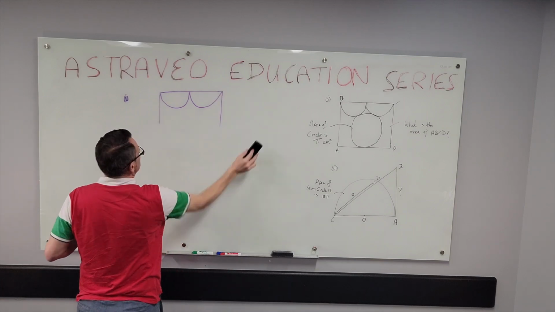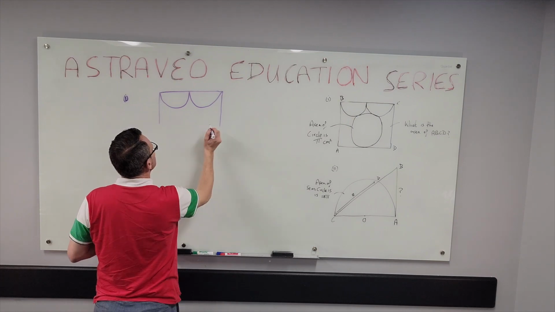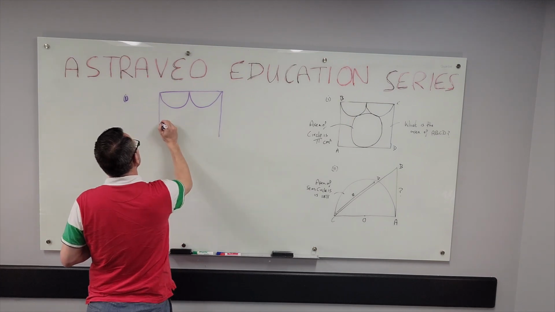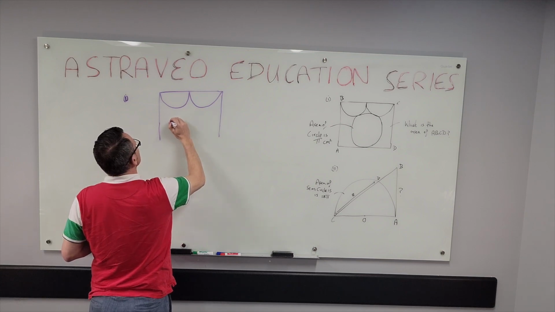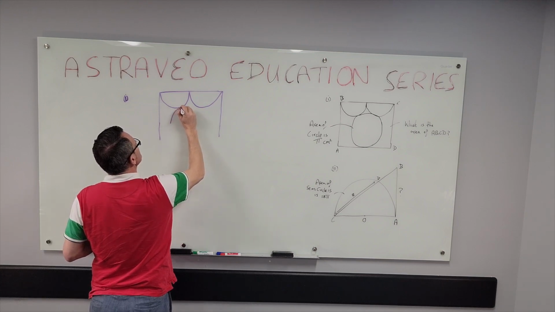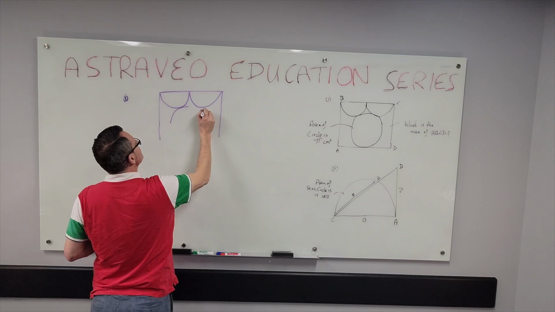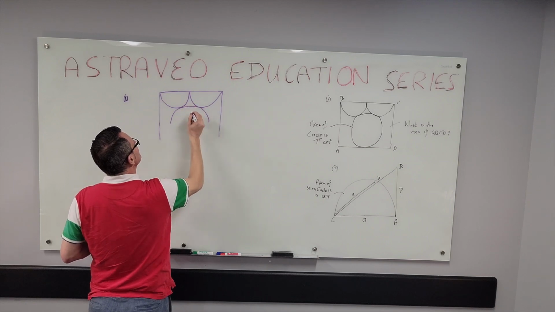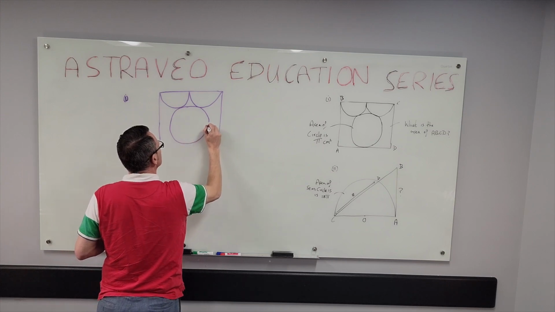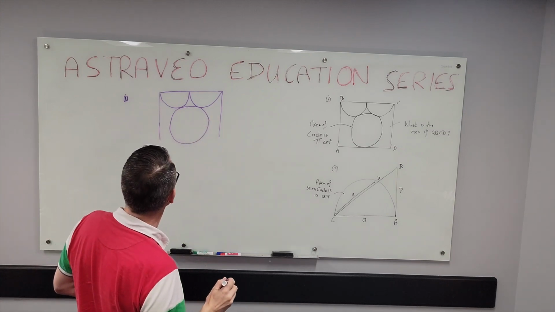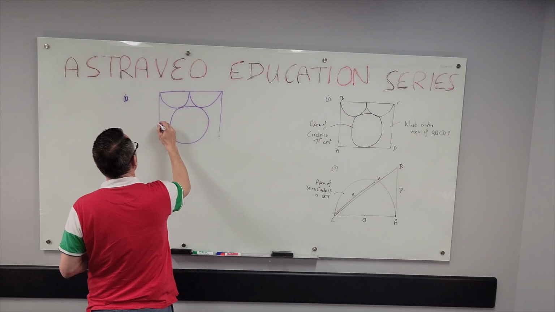So that can't possibly be a square. I'm going to leave these sides down. Now the interior circle just touches both of these. Not perfect, but not too bad.